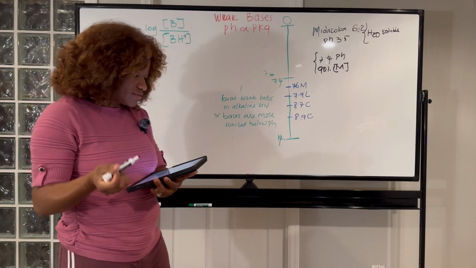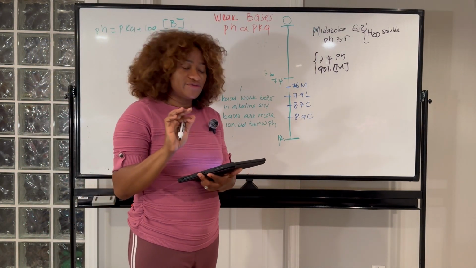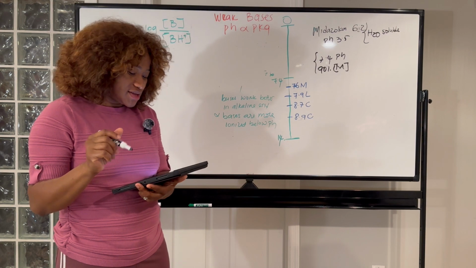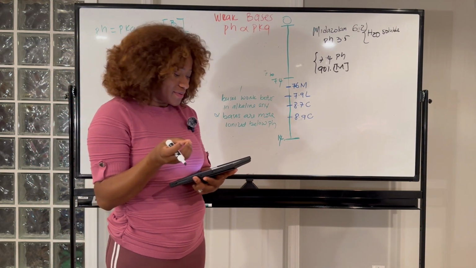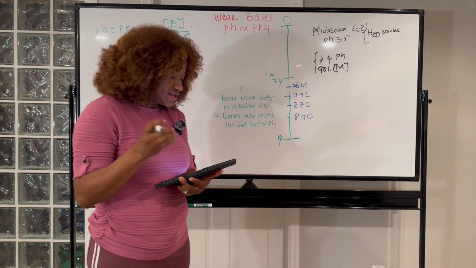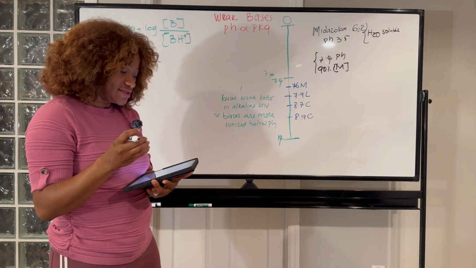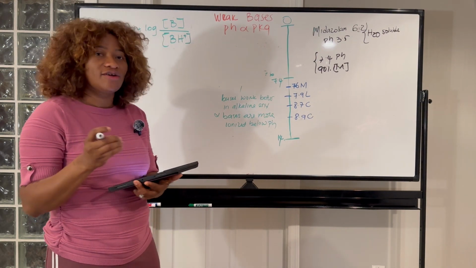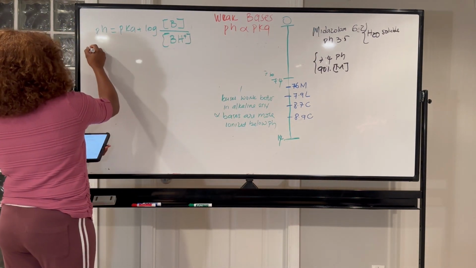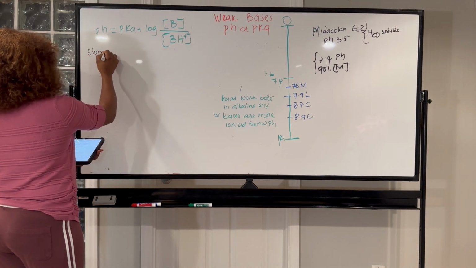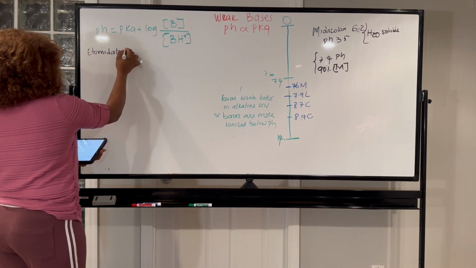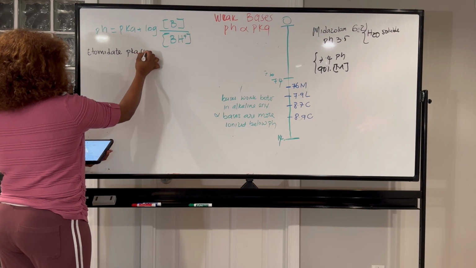Question talked about: use the following information from 8 to 10. Etomidate is a weak base. We are given the base. It is a hypnotic agent that is used for the induction of anesthesia and has a pKa of 4.2.